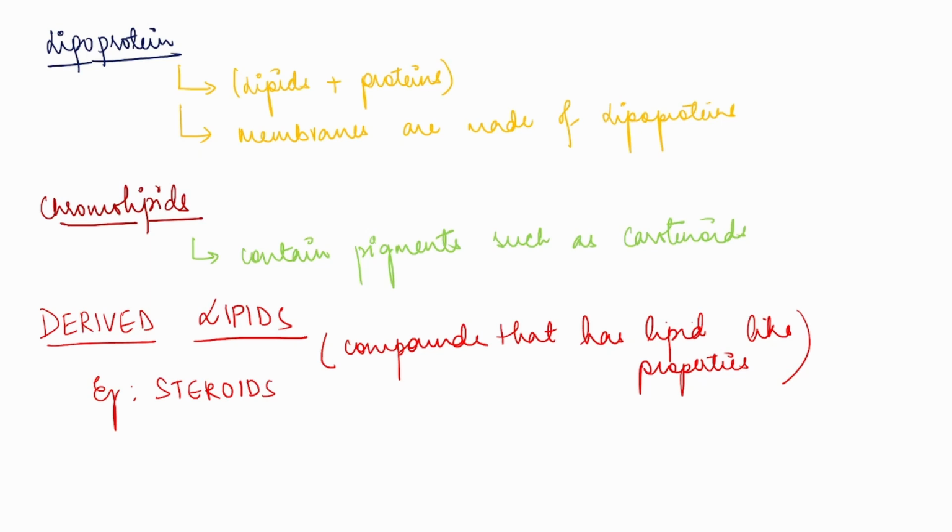The most common steroids are sterols. A common sterol is cholesterol. Now, if you see the structure of cholesterol, what is cholesterol? It looks like this, with an OH.